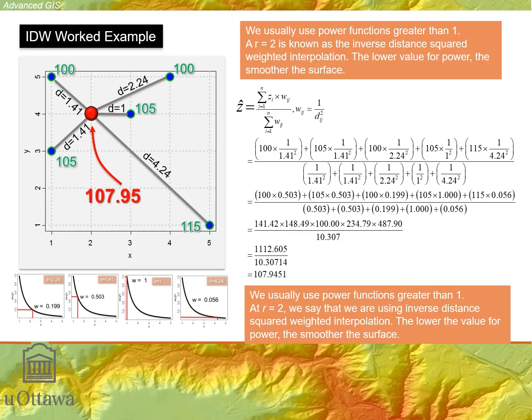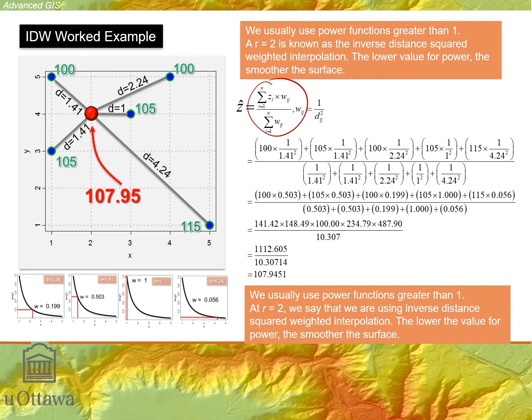So once we work them out using this equation, we have 100 times 1 over 1.41 squared, 105 times 1 over 1.41 squared, and 100 times 1 over 2.24 squared. That's how we're getting the distance values here.